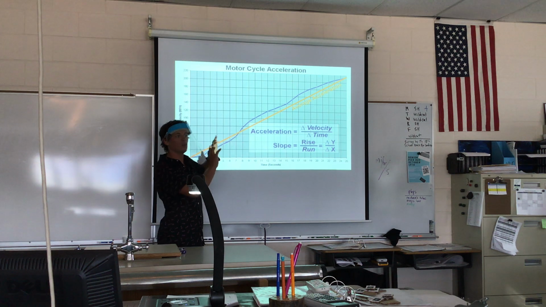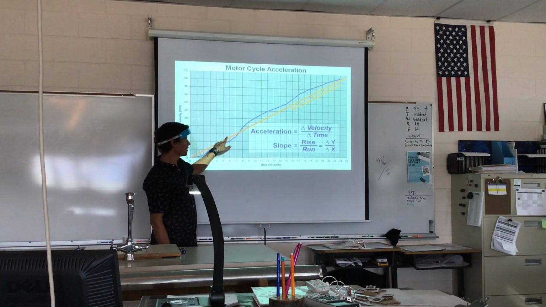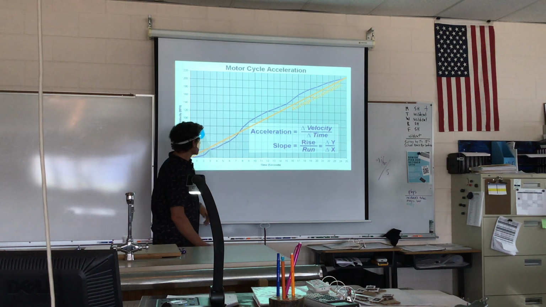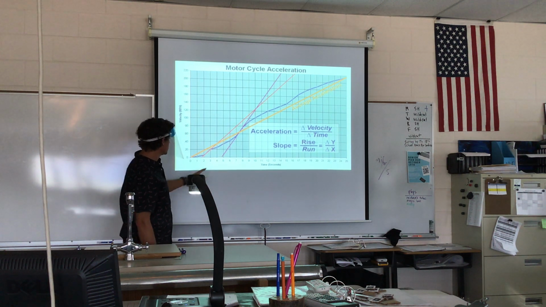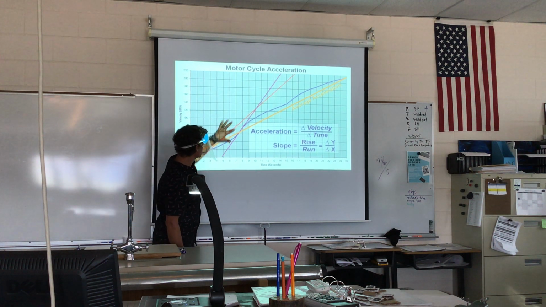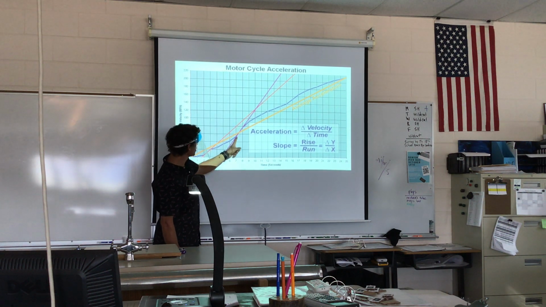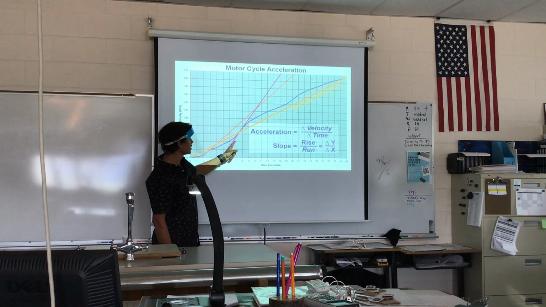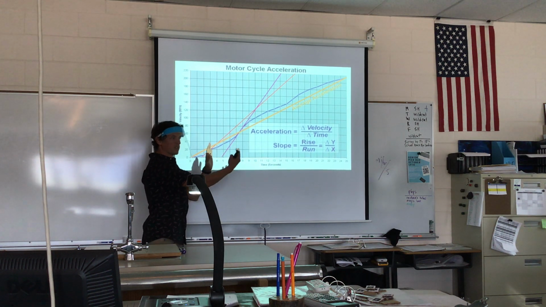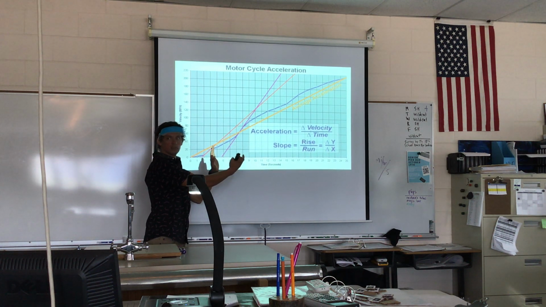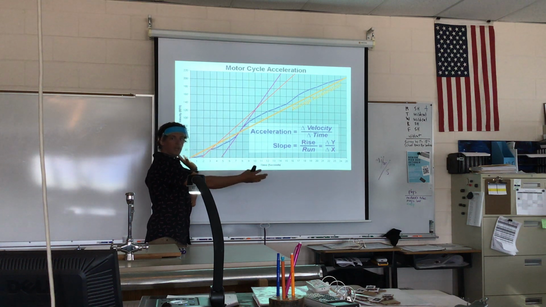So for the whole video, the average acceleration is 8.8. Now we can add other lines on here. I think this is the one you just calculated, 17.7. You notice the slope is really steep for this little part. So that would be an acceleration for a little time period right there, not for the whole thing.